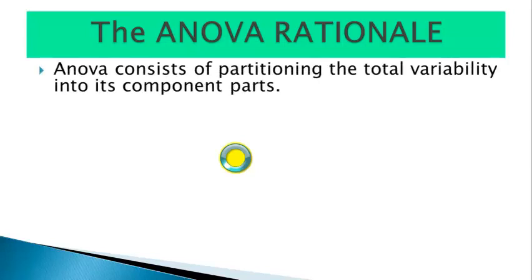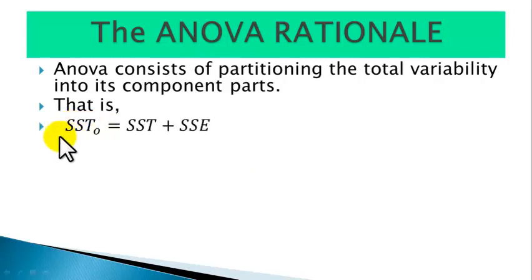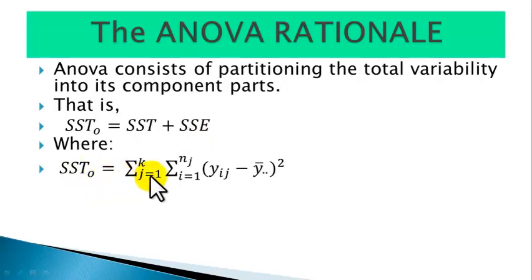ANOVA consists of partitioning the total variability into its component parts. That is, the total variability is represented by SST, the sum of squares of total, which is equal to SST, the sum of squares of treatment, plus SSE, the sum of squares of error, where SST is equal to the sum as j goes from 1 to k, sum as i goes from 1 to nj of yij minus y bar dot dot all squared.